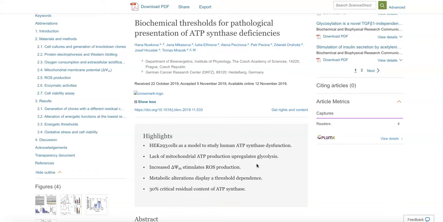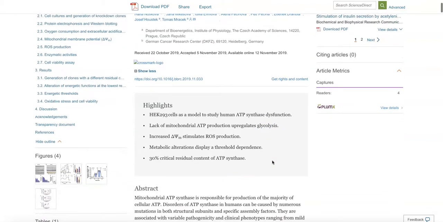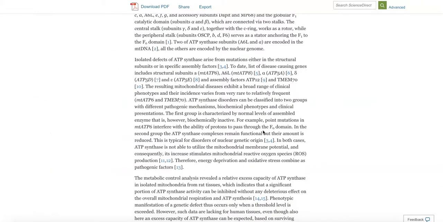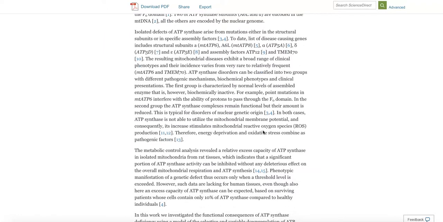And that's basically what glycolysis is. It's the breakdown of glucose with enzymes for energy. So glycolysis has to go up if ATP synthase isn't doing its job. That's just one of them. It talks about a couple more deficiencies throughout the paper that I want to include in my own research essay.